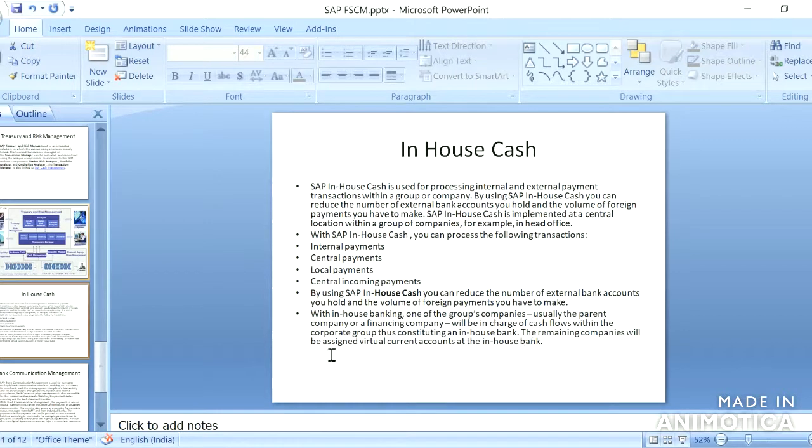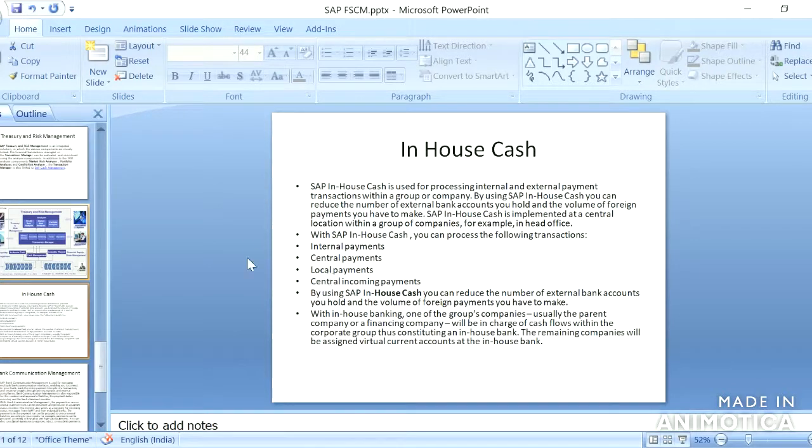The remaining companies will be assigned virtual current accounts at the in-house bank. So only the main company and main bank will be doing the transactions, and all others can just watch whether my payment is done, or another subsidiary company will check whether its payment is done. For that, this in-house cash will be useful.